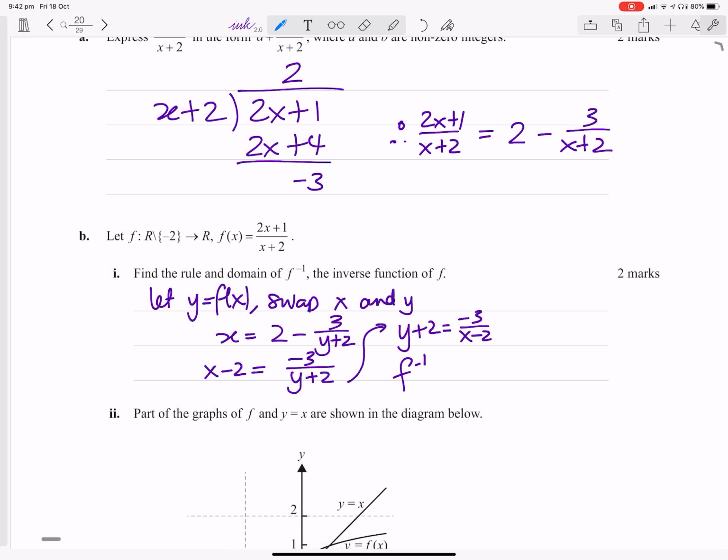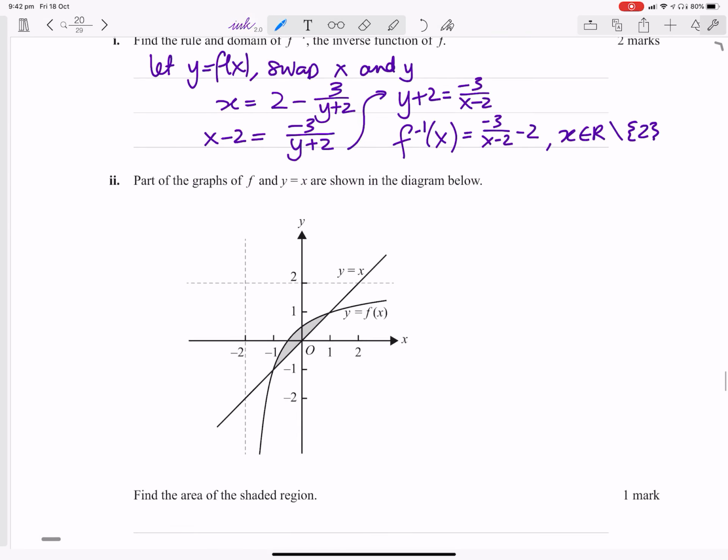So we can say f inverse of x is -3 on x minus 2, minus 2. And the domain is x is an element of all reals except for 2.